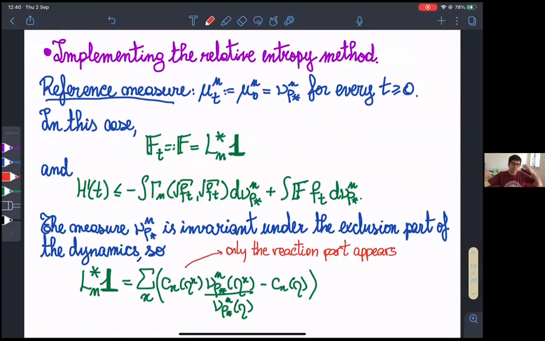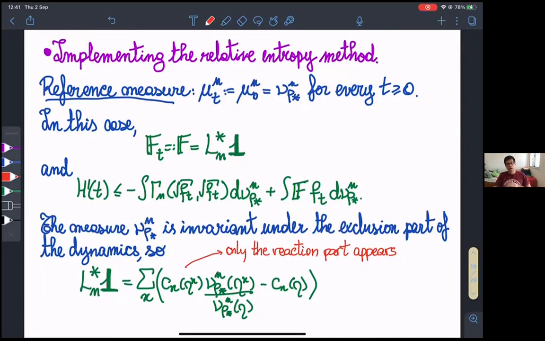Okay, so now that we learned that the empirical measure under the stationary state converges to this constant profile rho star, we're going to make a guess.